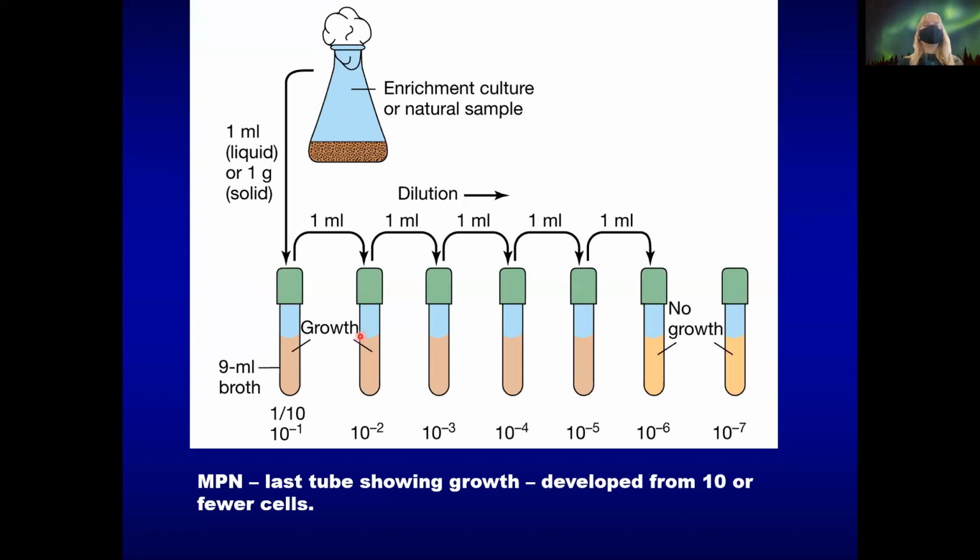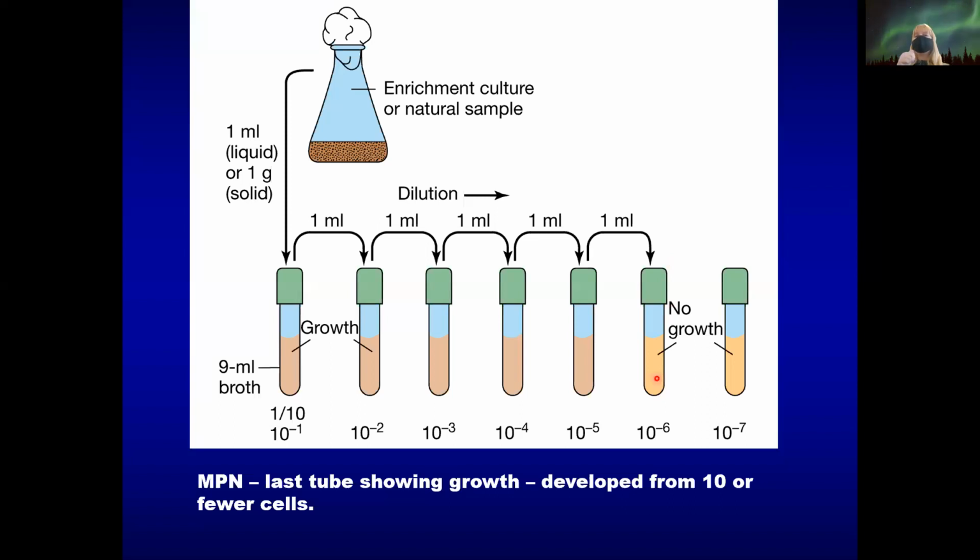You put 1 mil of your sample, and then you serially dilute like what we've done in lab, and then you incubate these tubes. And what you're looking for is where in this dilution scheme do I see no growth? And that's what you want. You want to see, okay, here at 10 to the minus 6, I see no growth.